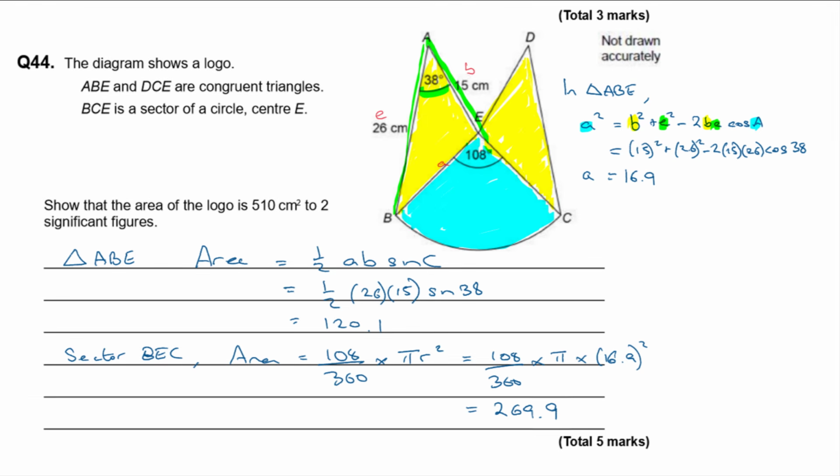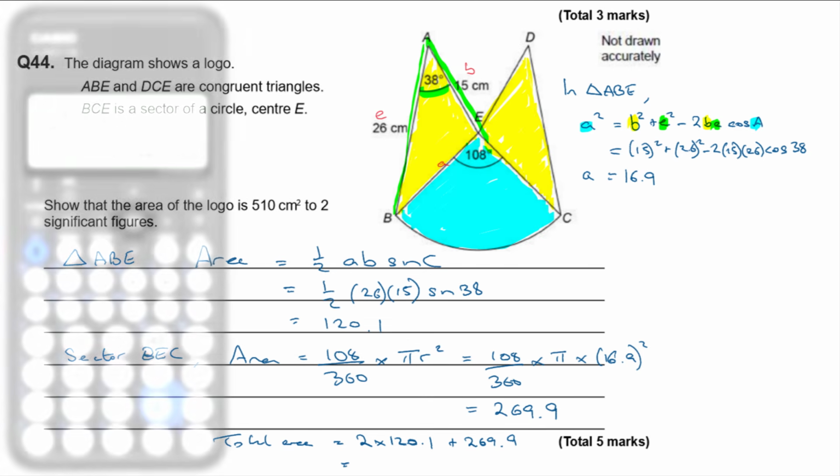So the total area is going to be 2 lots of the area of the triangle, which was 120.1, plus the 269.9, which we found the sector to be.